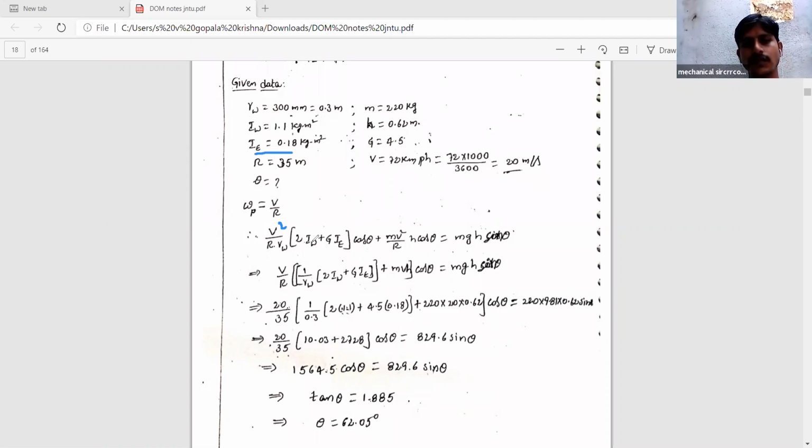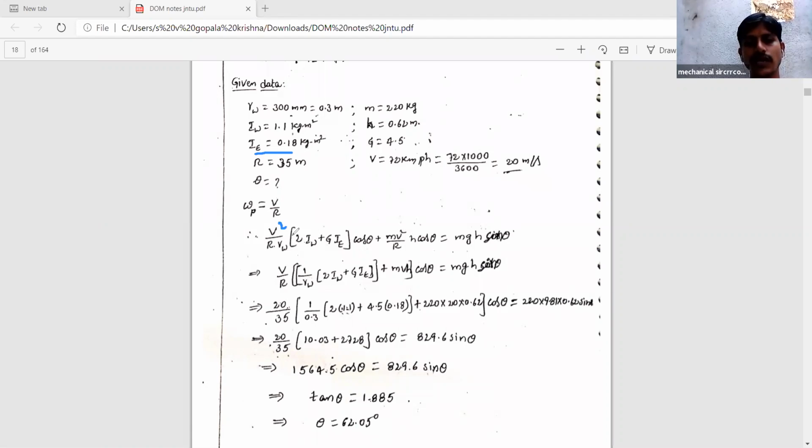All of you observe that v square by capital R small r suffix w into 2I suffix w plus G I suffix e cos theta plus m v square by r into h cos theta equals m g h sin theta.